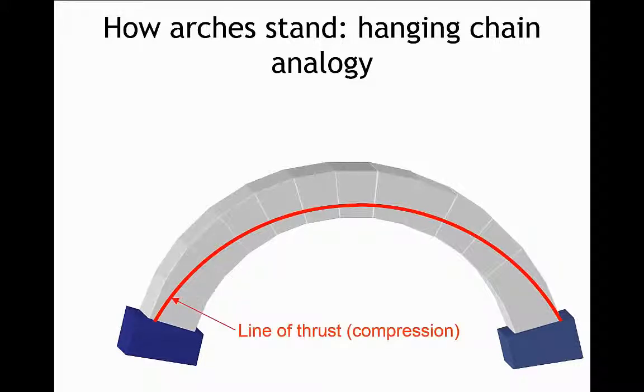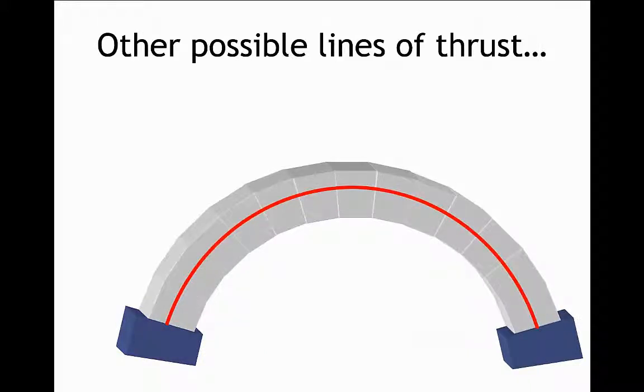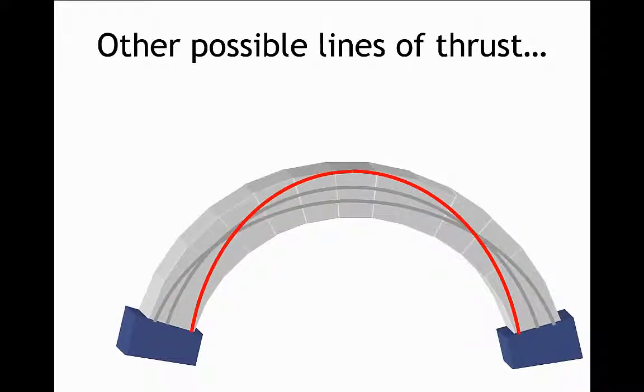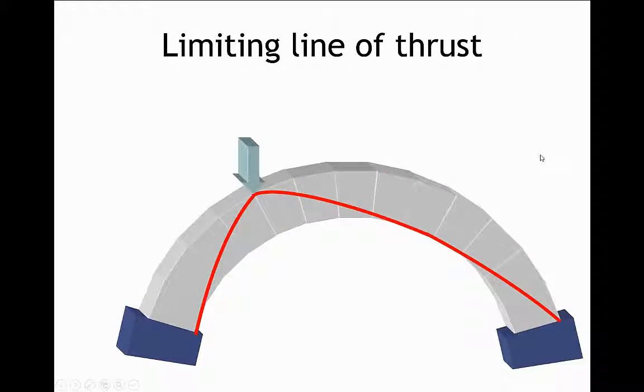So what we've got now is a line of thrust, a line of compression, and the key observation is that there are various possible lines of thrust. We don't necessarily know which line of thrust is active at any given time. However, if we apply an external load and gradually increase it, we get to a point where we can only just fit the line of thrust within the thickness of the masonry.